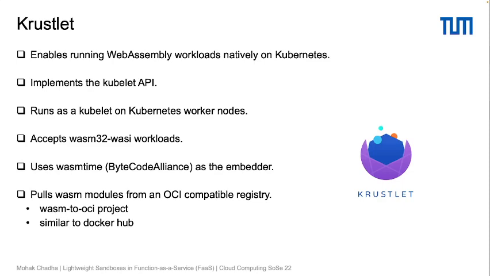This WASM to OCI project essentially allows you to set up a registry for WASM modules, and then interact with that registry for pulling images. It's mostly similar to Docker Hub, obviously. The size of WebAssembly modules is really small, KBs as compared to container images, which are MBs to gigabytes. So obviously it's smaller than Docker containers, but the interaction is similar.